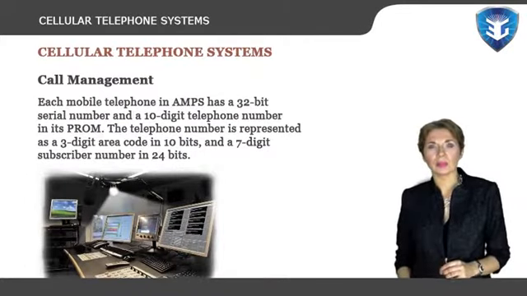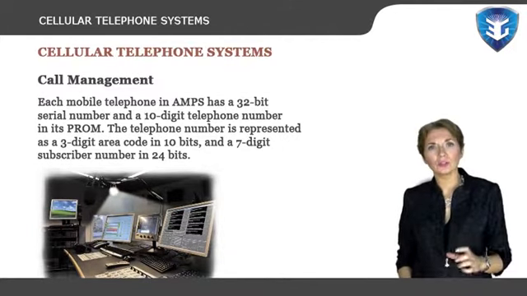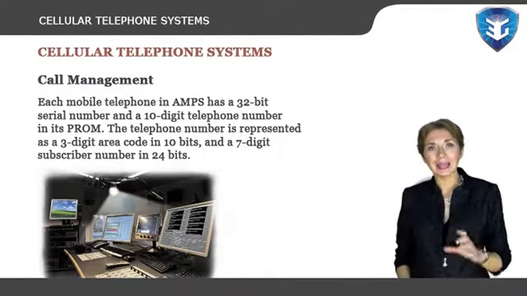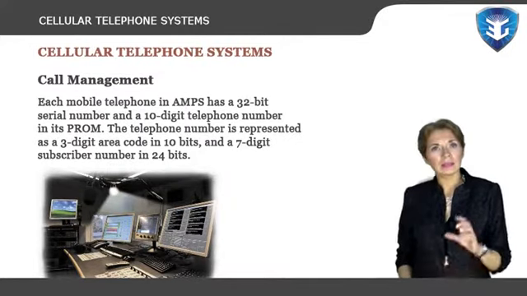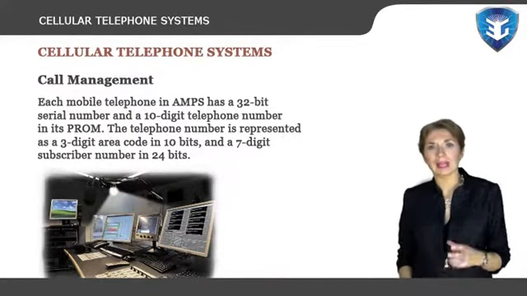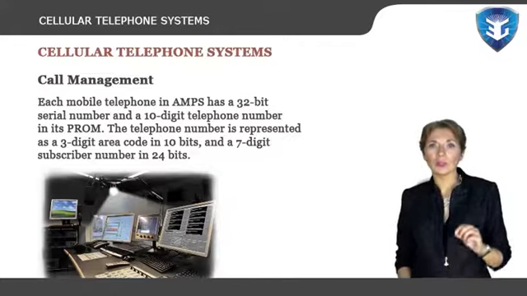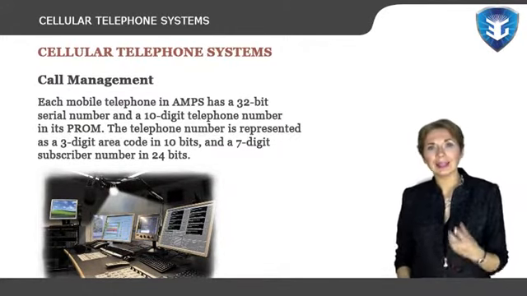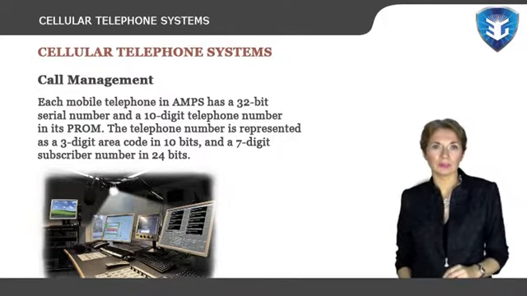Call management. Each mobile telephone in AMPS has a 32-bit serial number and a 10-digit telephone number in its PROM. The telephone number is represented as a 3-digit area code in 10 bits and a 7-digit subscriber number in 24 bits. When a phone is switched on, it scans a pre-programmed list of 21 control channels to find the most powerful signal.